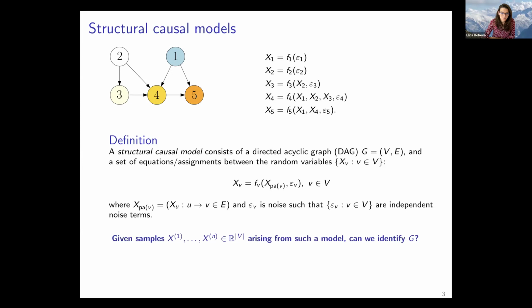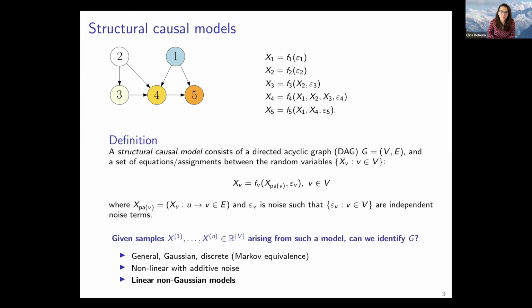So there are different settings of these models. For example, in general, if you don't assume anything about the functions, or if they're Gaussian or the variables are discrete, then there's Markov equivalence, meaning that you can't uniquely identify the graph G. You can only identify it up to Markov equivalence.